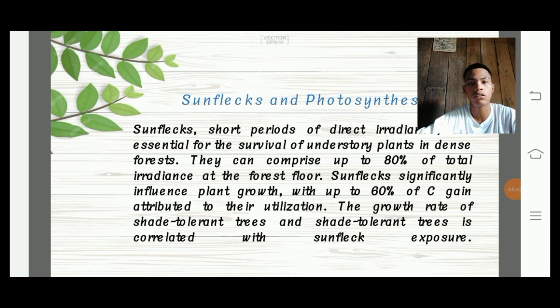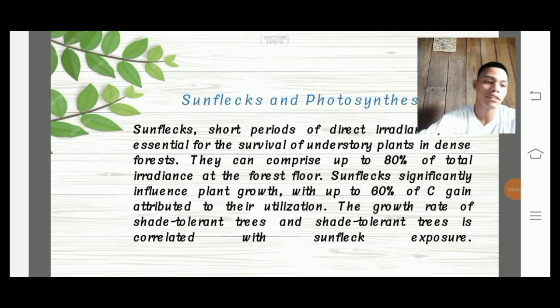So, sunflecks are brief periods of direct sunlight that penetrate the understory of a forest or other vegetation.